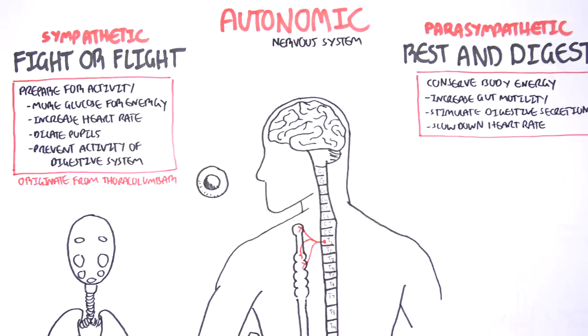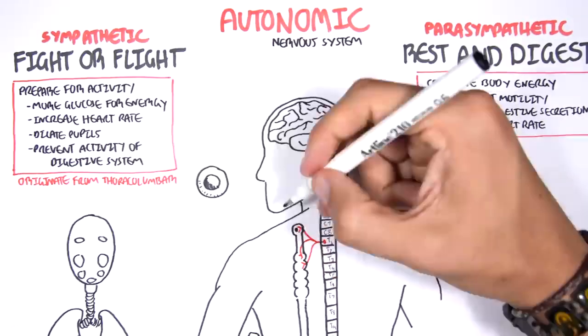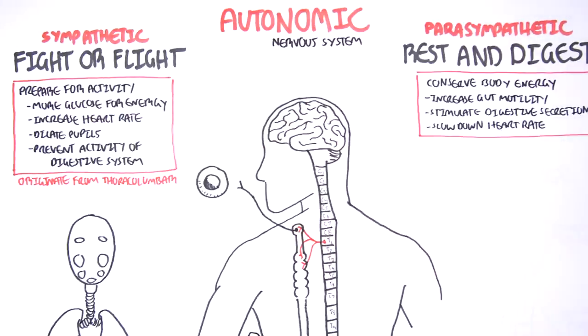And then this new neuron is called the postganglionic neuron, which will then carry the sympathetic information to a target tissue. Again, we won't go into too much detail into the nerves and where they come from, essentially. Just know that the sympathetic nerves originate either from the thoracic or lumbar regions of the spinal cord.